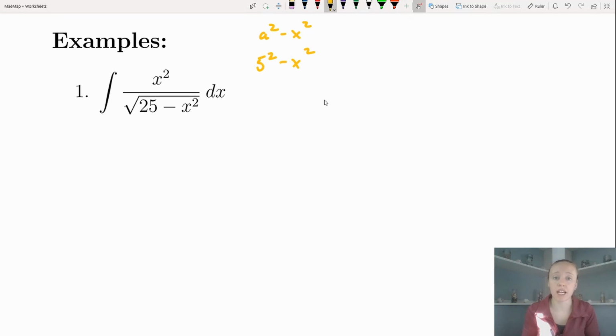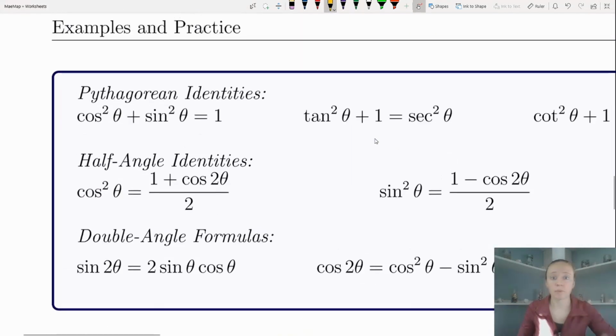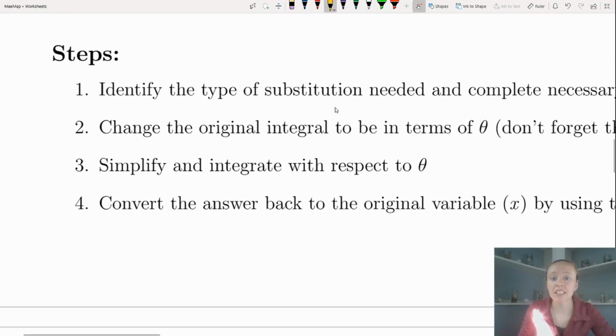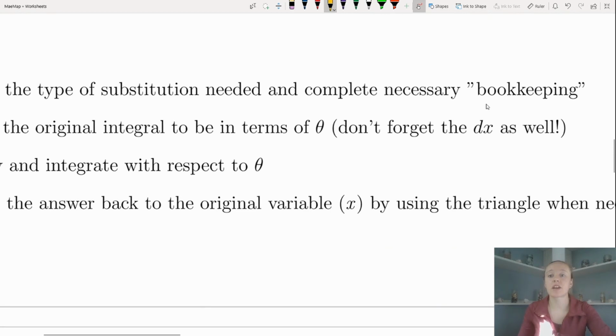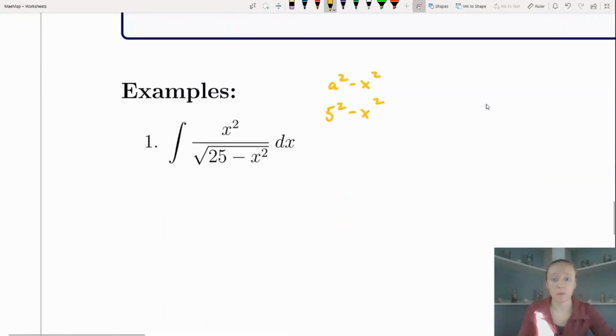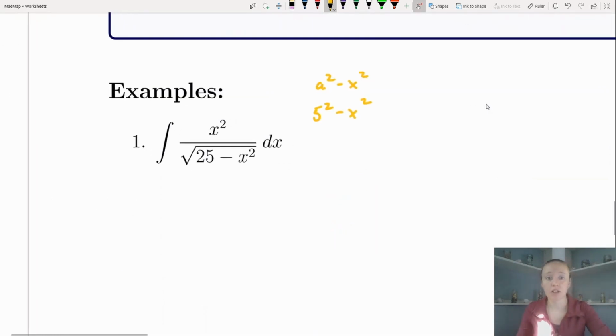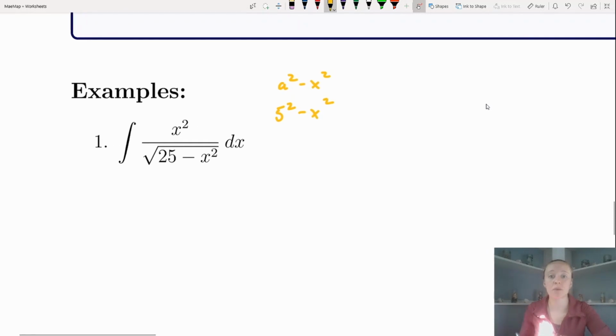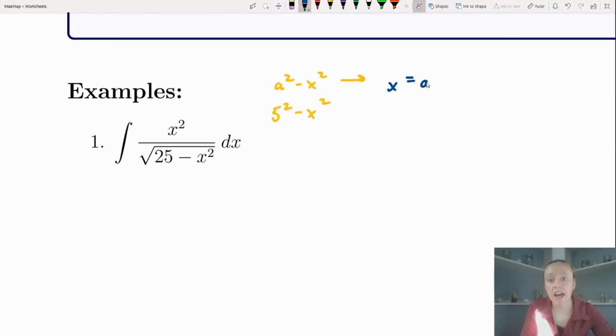Knowing that my a is 5 and I have a squared minus x squared, what's that step 1? Let's refer back to it. We need to identify the type of substitution needed and complete the necessary bookkeeping. If I have a squared minus x squared, that's going to be x equals a sine of theta. If you didn't know that relationship, refer back to the beginning of the worksheet or think about those different triangles we can create.